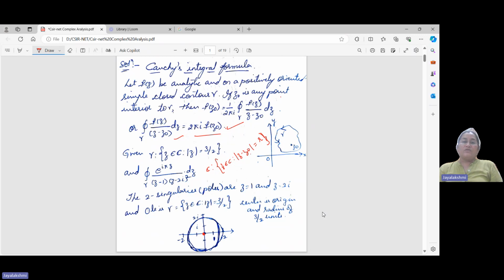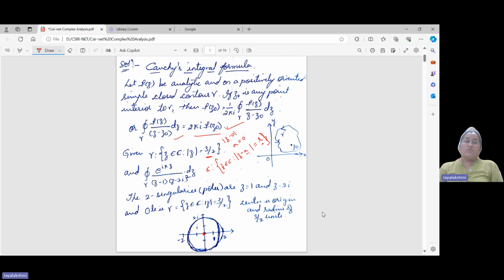The z naught, we can also take as some a, so modulus of z minus a. Here we don't have any a, so we compare and see that a is equal to 0. This shows that the center is at the origin. And this 3 by 2 is equal to r, so the radius is 3 by 2 units.